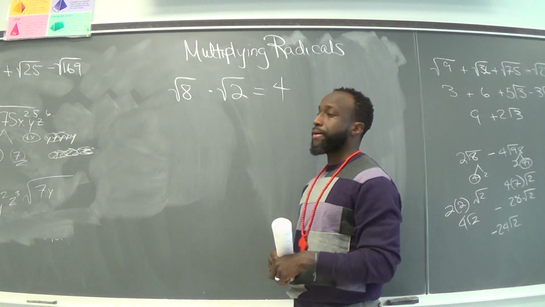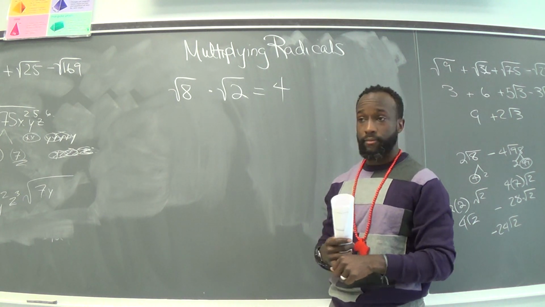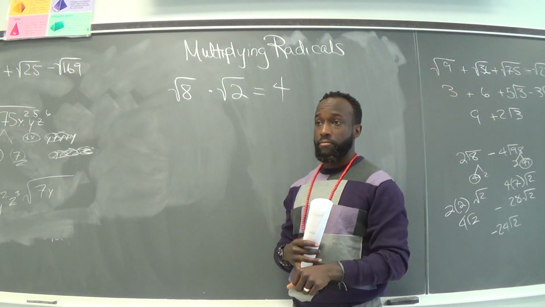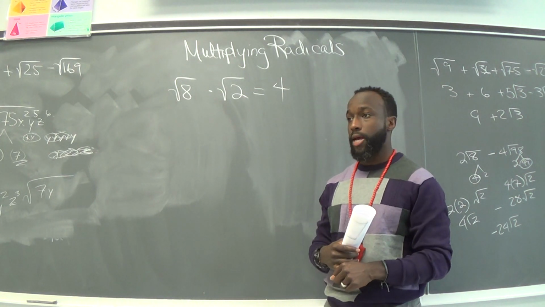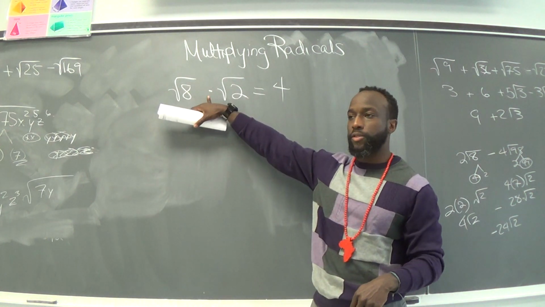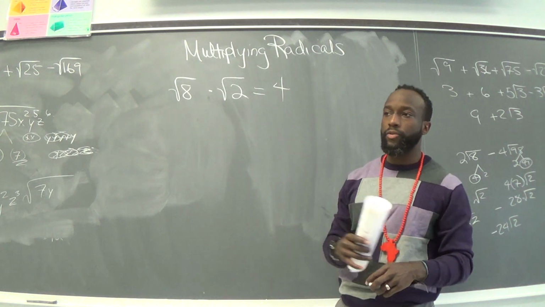You simplify the 8, and then you put the 2, and then you multiply the 2 by 2. Yeah, you can do that. Now, if you divide these two, that's not what multiplication is, but if you divide them, you end up with the square root of 4, which will give you 2.